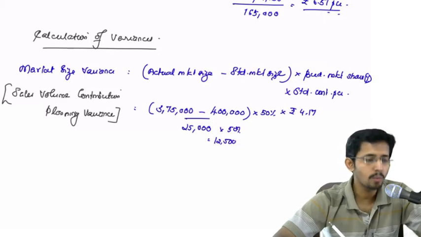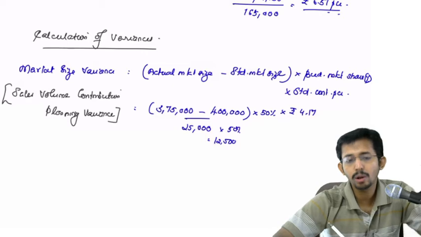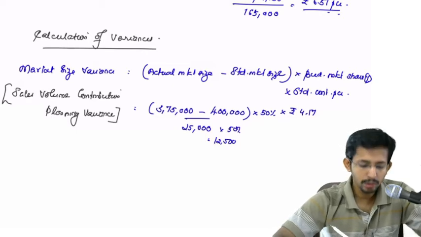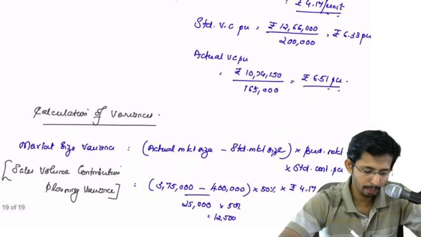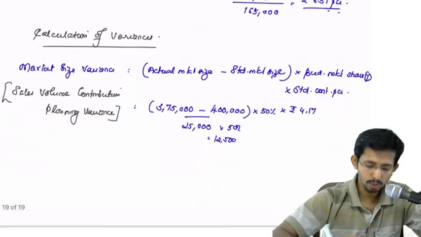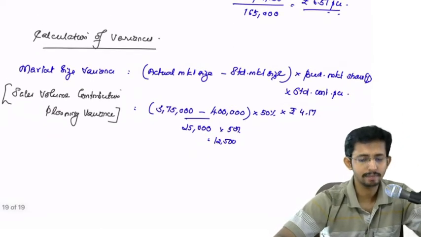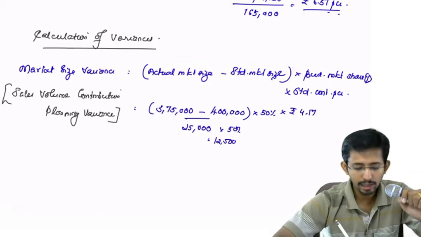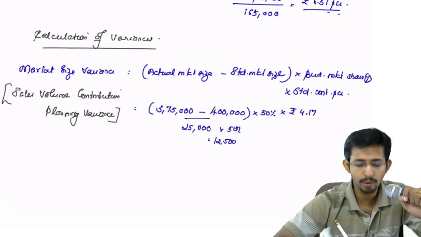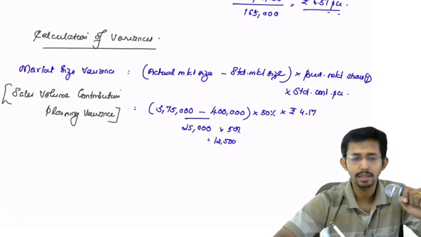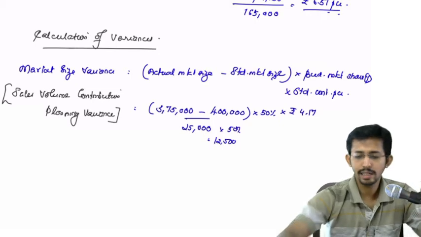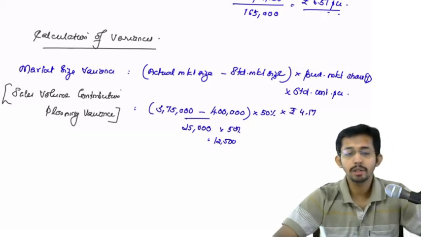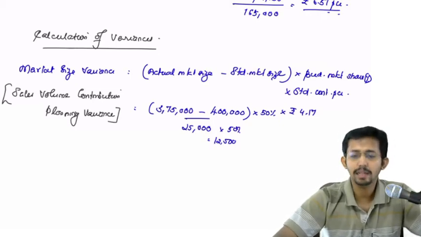Whenever there is a 1 unit fall in sales quantity, there is a contribution loss of the standard contribution of 4.17 per unit. So 12,500 units into 4.17 will be the total variance in the contribution due to the change in the market size.